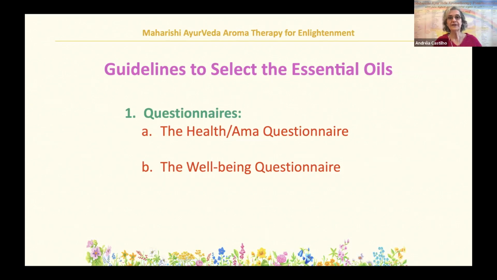AMA is a term in Ayurveda that denotes, loosely translated, toxins that accumulate in the body and that lead to disease. So we want to reduce AMA. We want to reduce these toxins. And the well-being questionnaire is one that someone fills out when they have some specific complaints, some health problem that they want to address.